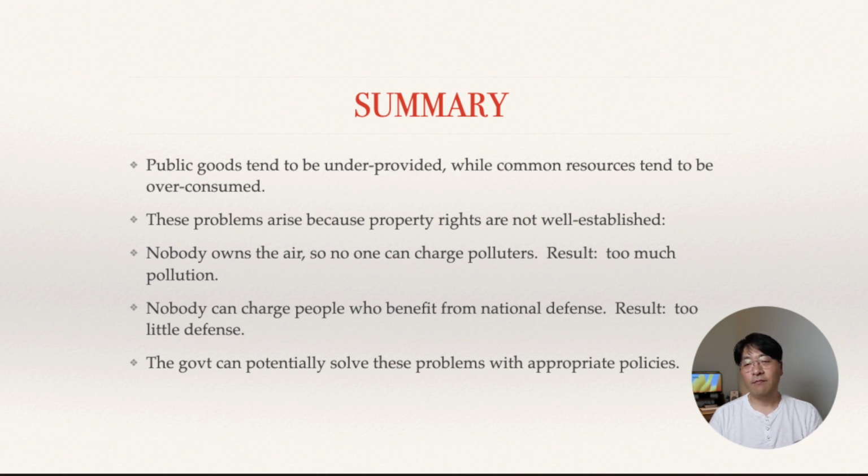Especially where rivalry is working, the goods belong to common resources. Where non-rival property holds, it belongs to public goods. So public goods tend to be under-provided or not provided at all, right? While common resources tend to be over-consumed.